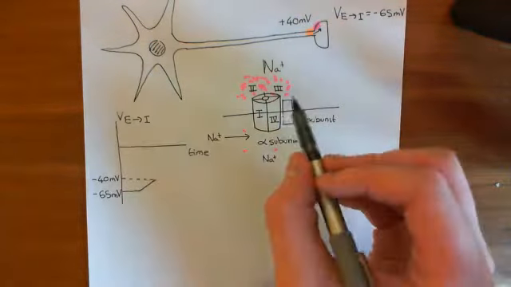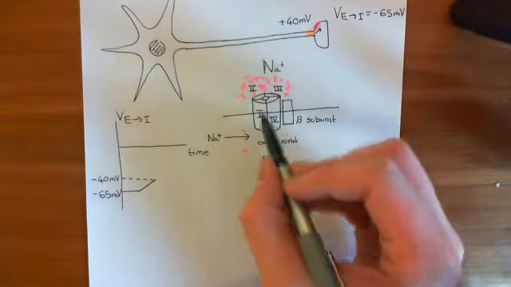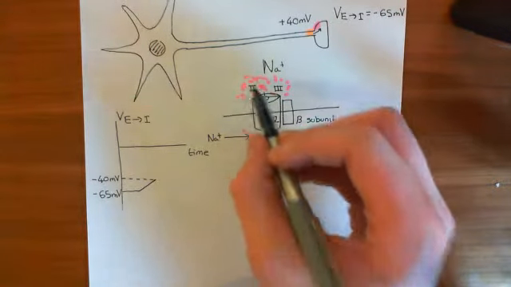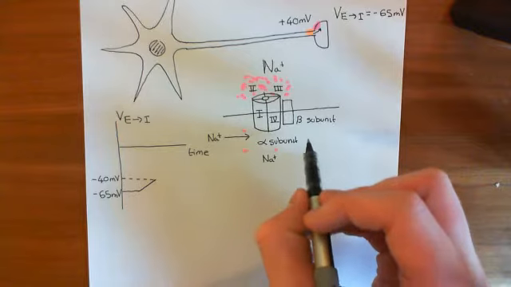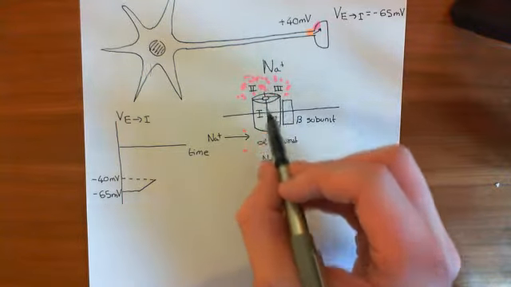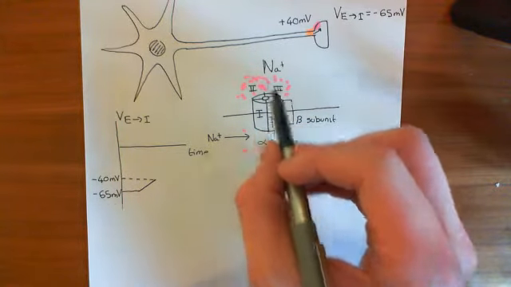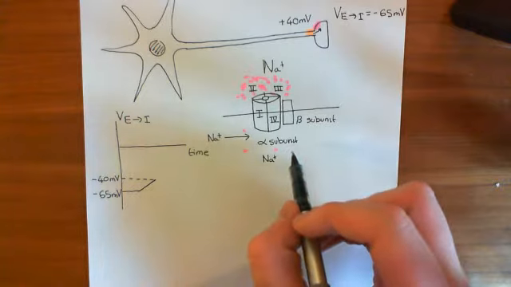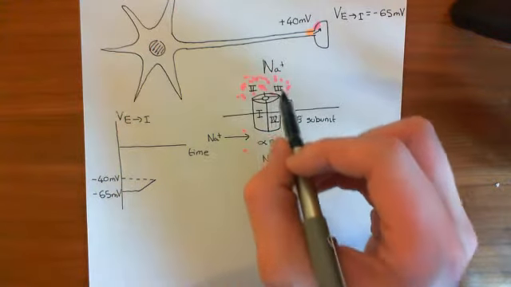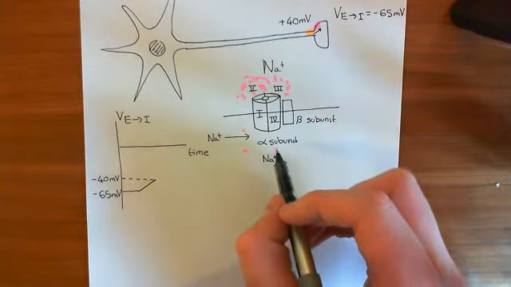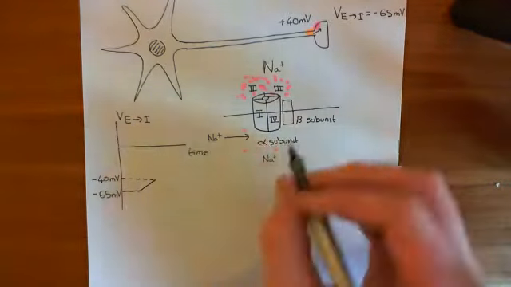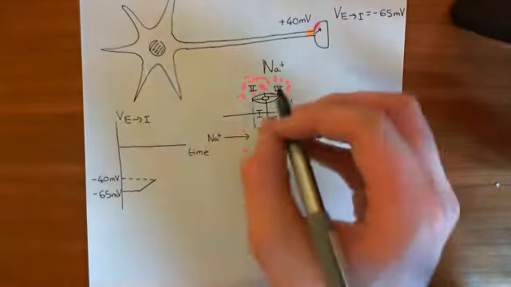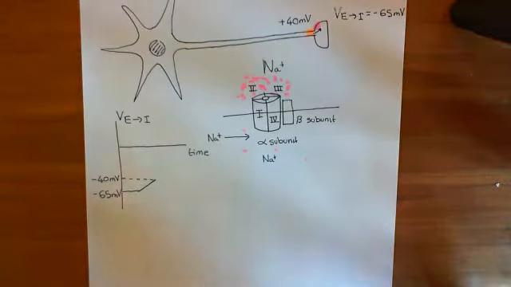So that also provides a driving force for the sodium ions to come into the intracellular compartment. It raises the probability that a sodium ion comes from the extracellular compartment into the intracellular compartment, and lowers the probability that a sodium ion goes from the intracellular to the extracellular compartment. So it's going to overall increase the net movement of sodium through this channel.